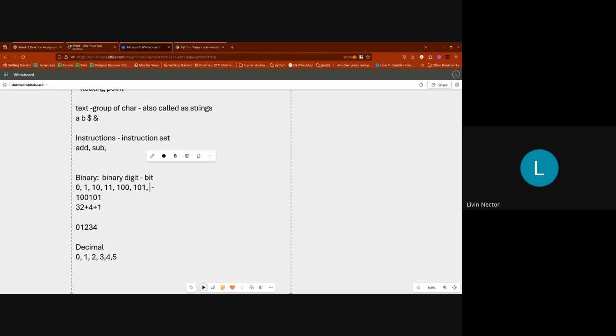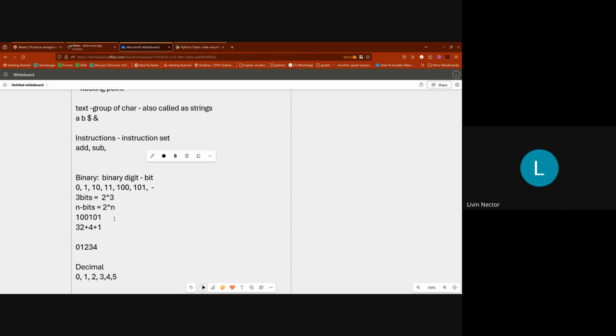Yes, so the number of different possible values you can generate with 3 bits is 2 power 3, and in general, with n bits, you can represent up to 2 power n values.